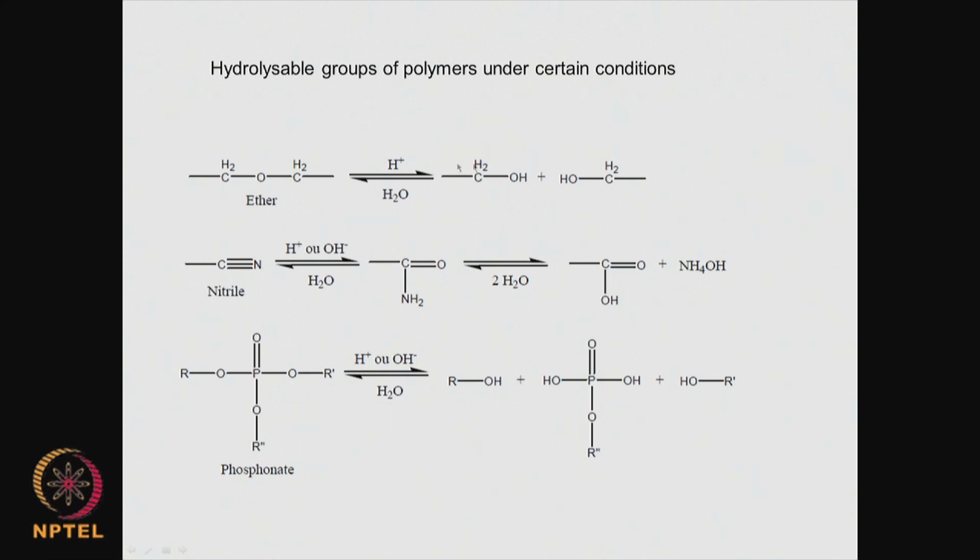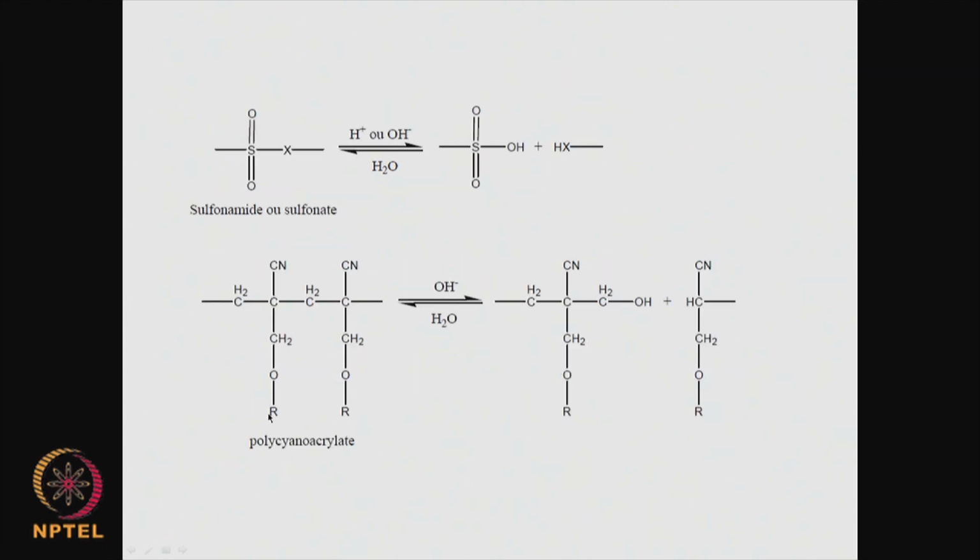A lot of these materials, nitriles, ethers, phosphates, phosphonates, are getting degraded because of the presence of acidic ions or basic ions and so on. There are quite a lot of situations.